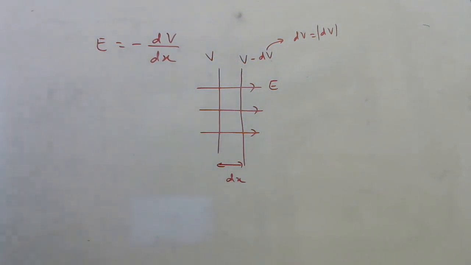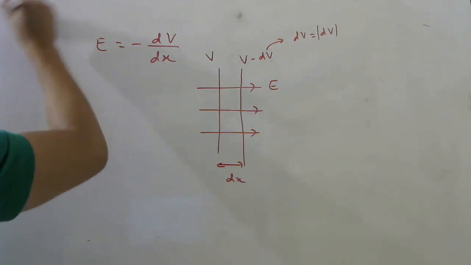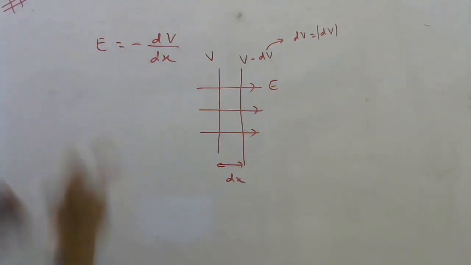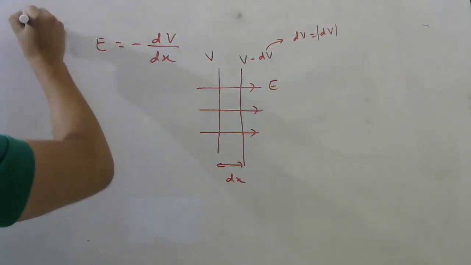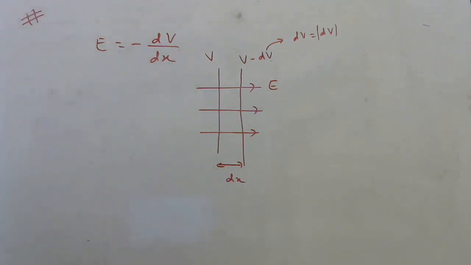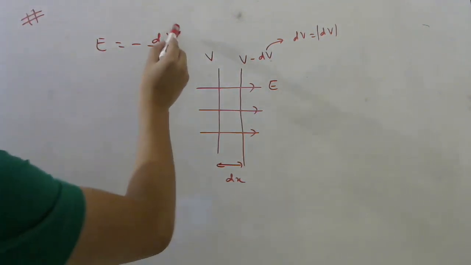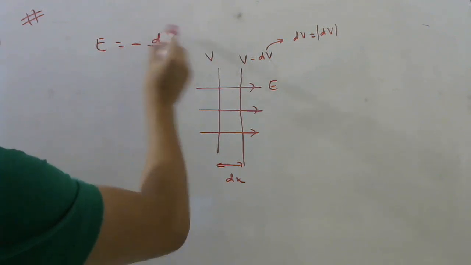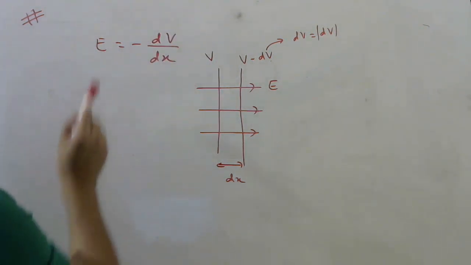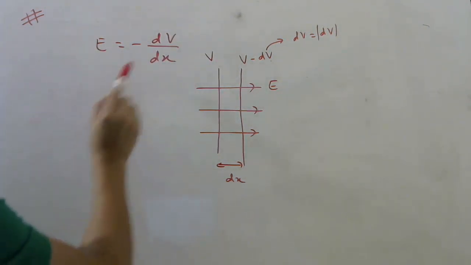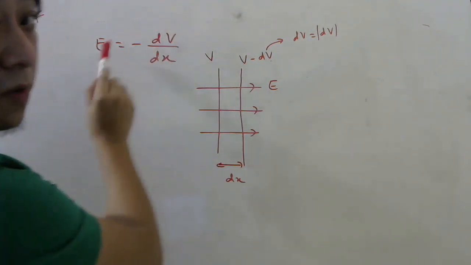Okay, students. Now, today I will be doing one entrance topic, because we have to do some entrance corner questions. So what I want to discuss now is the opposite of this: how to find V, which is potential, if I know electric field. This is, if you know potential, you can find electric field.